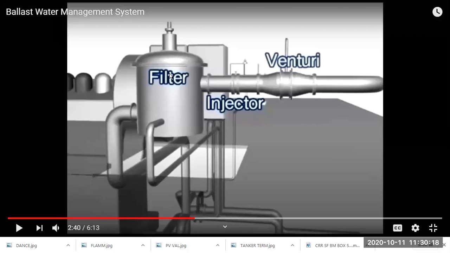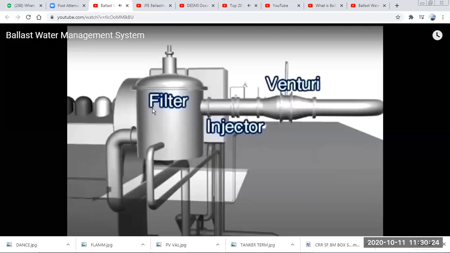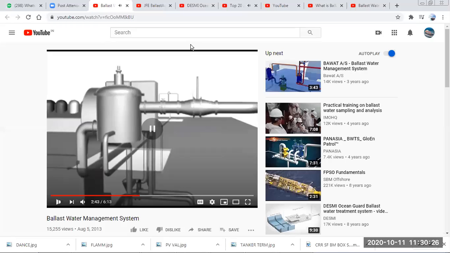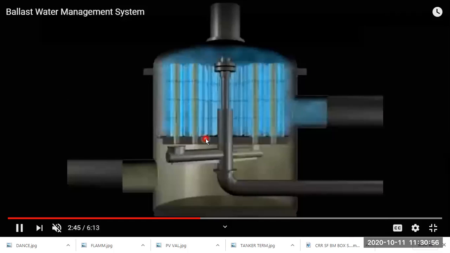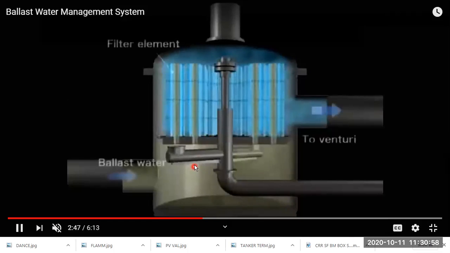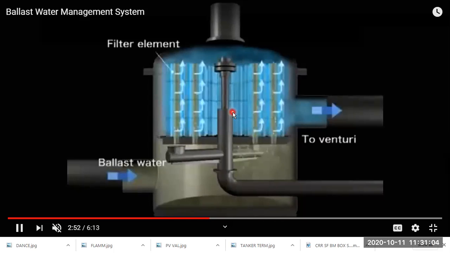So we have this filter, and then the injector, and then the Venturi components. The ballast water is coming through the ballast line, and first it gets filtered in this filter, where most of the microns and microorganisms are removed.